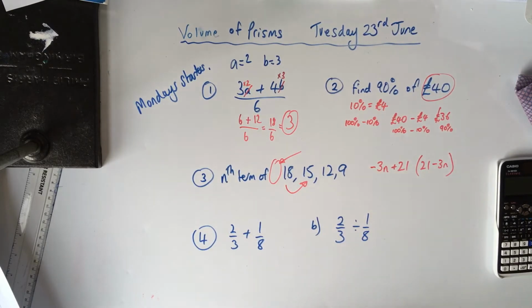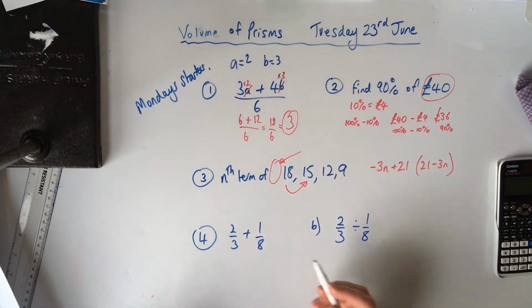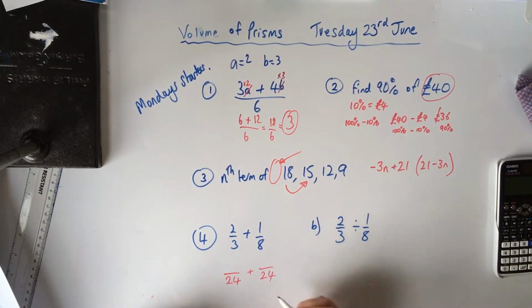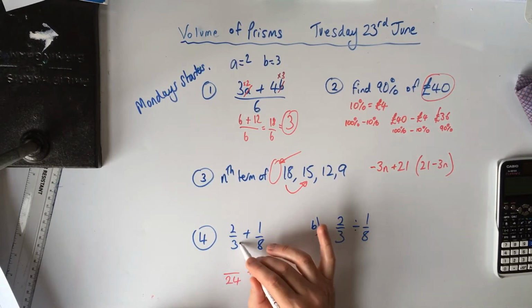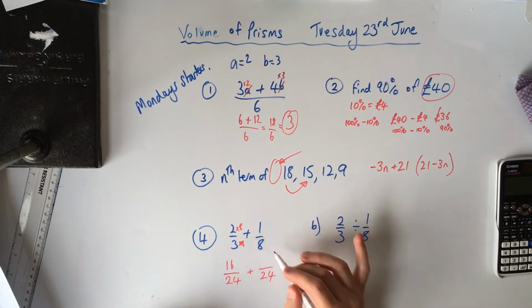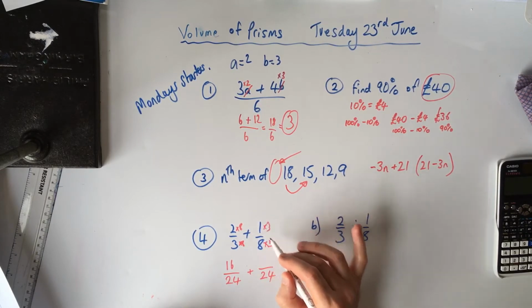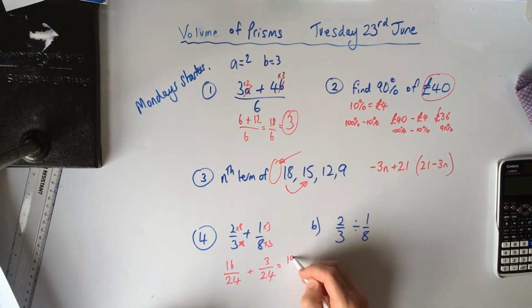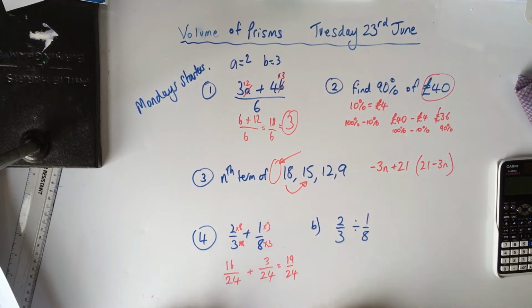It's neater. Adding fractions: you can't do it unless you've got common denominators, and of course you're good at these. We're going to times that by 8, change it into 24ths, and times top by 8, and times top by 3, and 16 add 3 is 19 over 24.